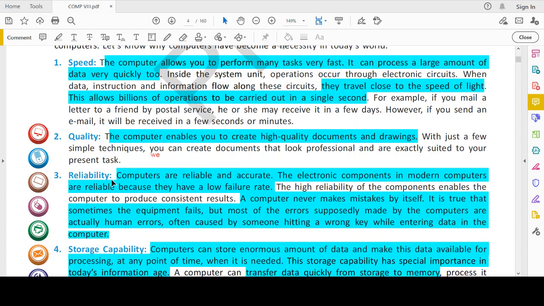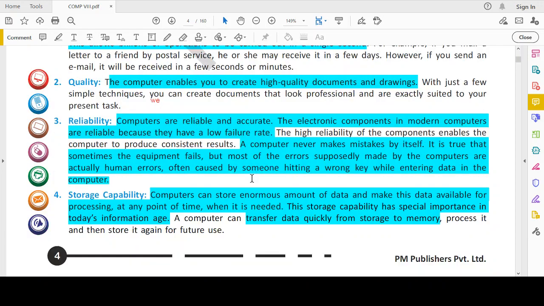Next is reliability. Computers are reliable and accurate. The electronic components in modern computers are reliable because they have a low failure rate. The high reliability of components enables the computer to produce consistent results.